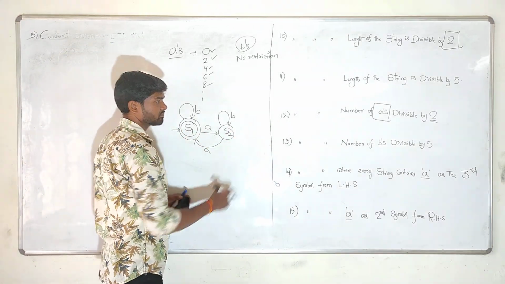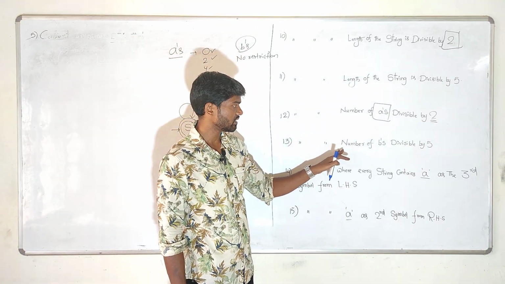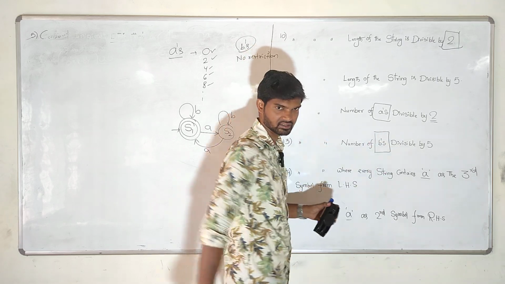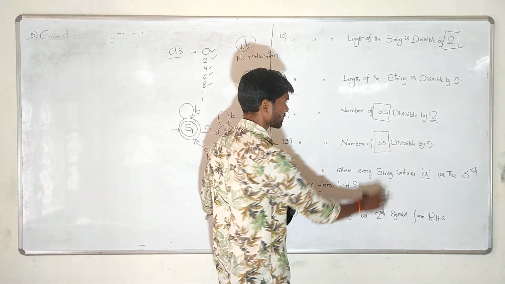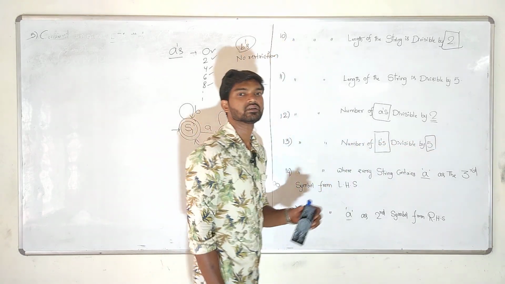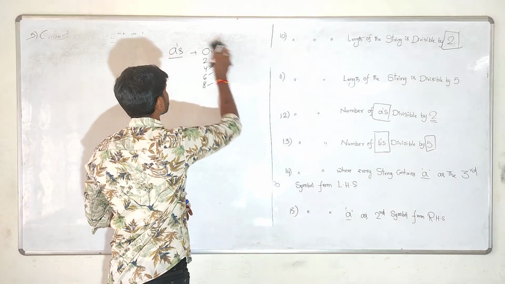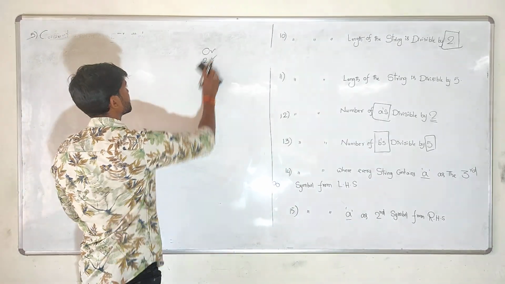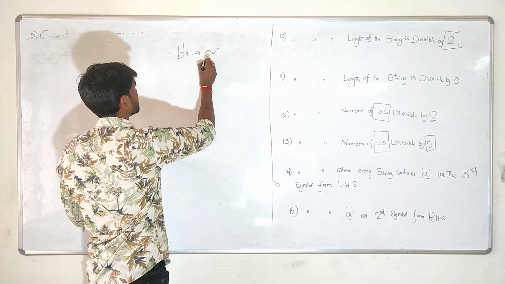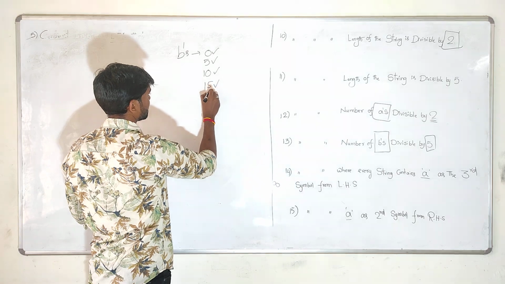Coming to the 13th question, same: construct a minimal DFA that accepts all the strings of A's and B's where the number of B's is divisible by 5. Here the restriction is on the number of B's. Number of B's is always divisible by 5, so 0 number of B's, 5, 10, 50 number of B's, like this.